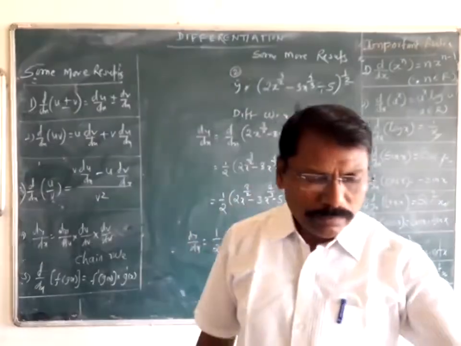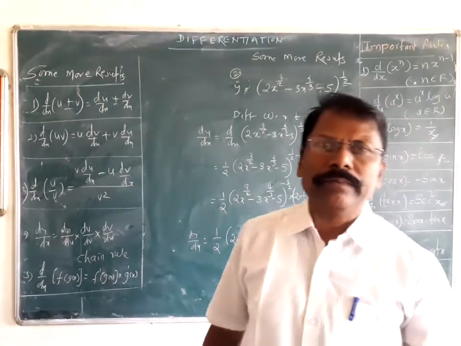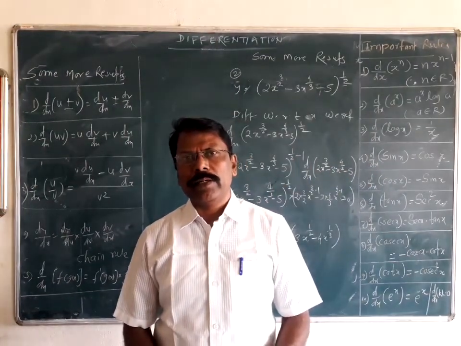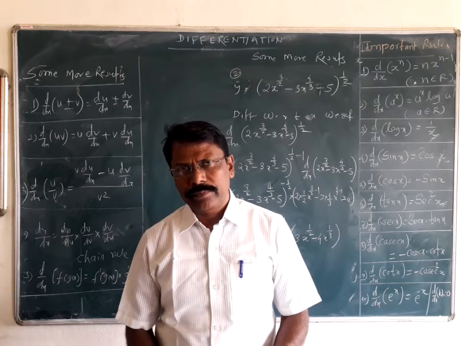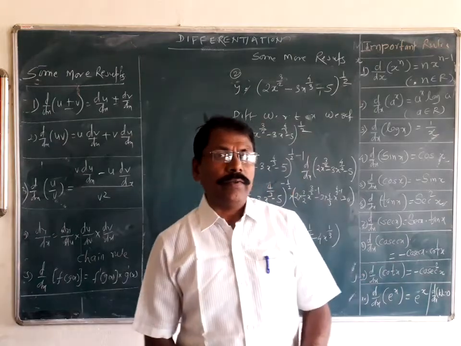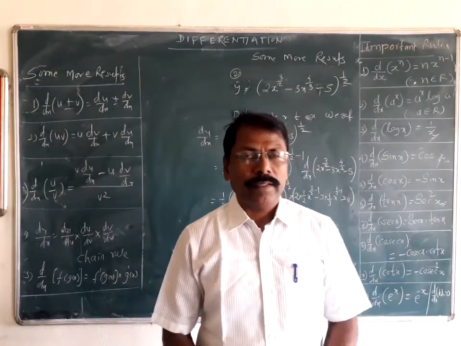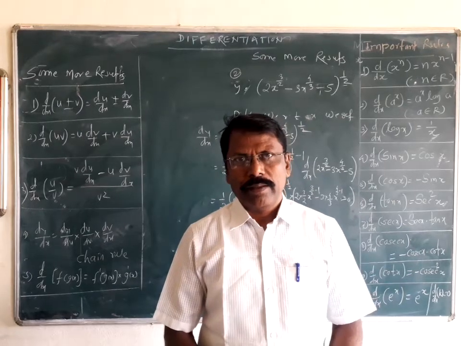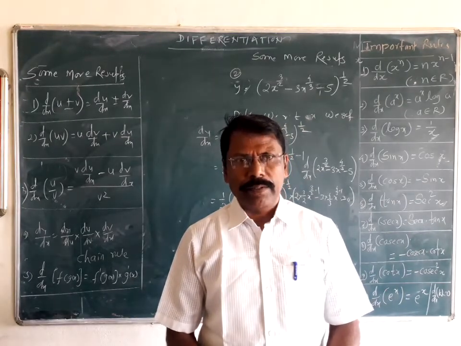Understood? So to apply the chain rule, how to apply? Find the derivative of the given function according to the rule. Then further, if the bracketed term has derivative not equal to 1, then we have to multiply by the derivative of that term. One more example, example number 3.